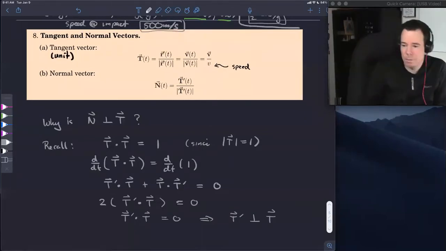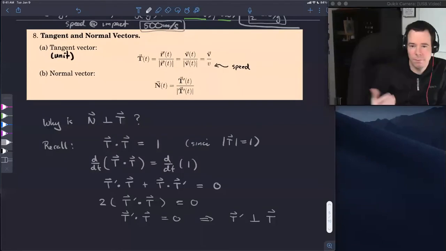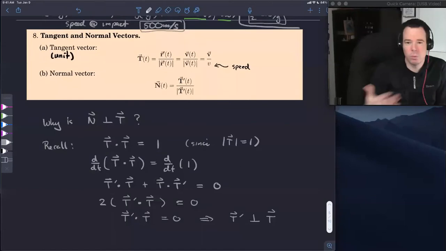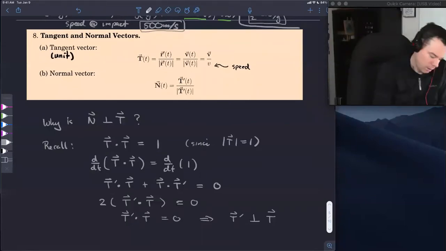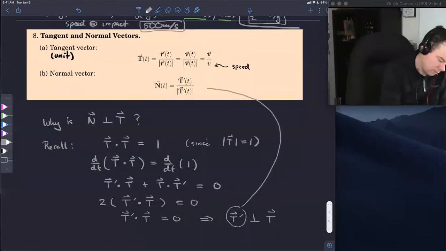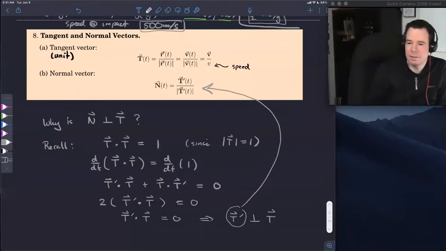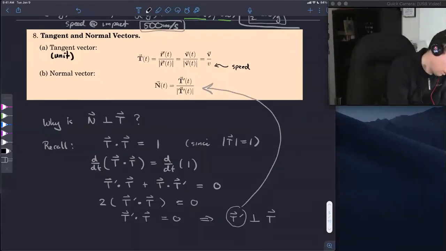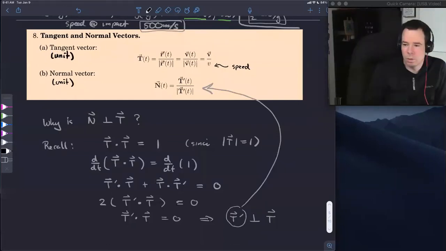So that's great, because we found a vector that's always perpendicular to t, the tangent vector, no matter where we are on the curve. So if I normalize it, divide by its length to construct a unit vector, then now I've got a vector that's normal to the curve at any point along the curve.